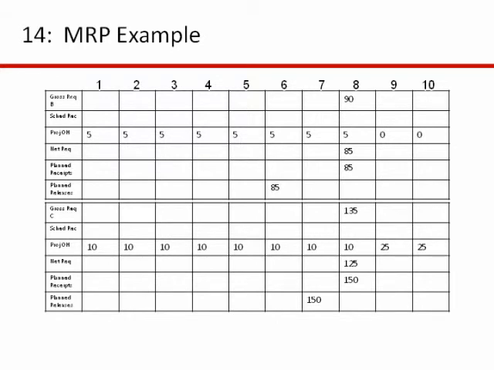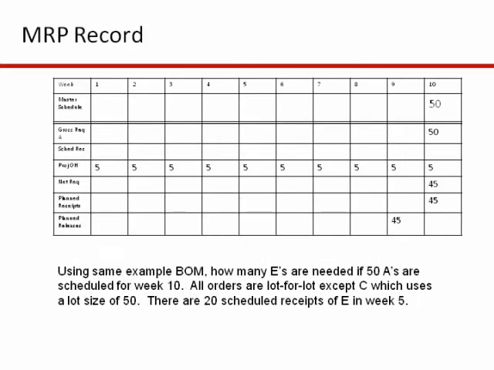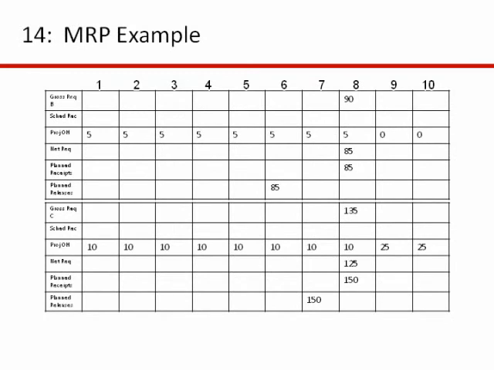So remember, hold on a second here. 45, so these are 45 A's, okay? So then we're going to come down, and so there were 45 A's. Sorry, this should be week 9, all right?